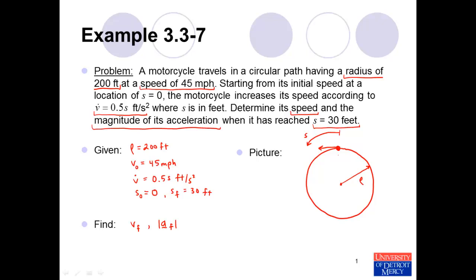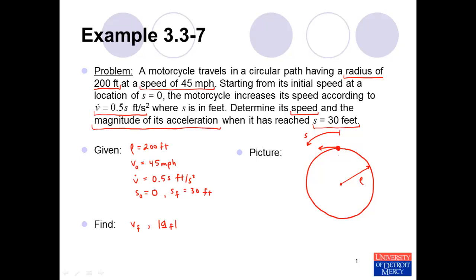So looking at this system, we want to perform a solution that will somehow take what's given and allow us to produce what is being asked for. In order to do that, we need to define a coordinate system for our problem. In this case, we're told what the path of the motorcycle is, this circle, and we're also given information about how the motorcycle travels along the path.